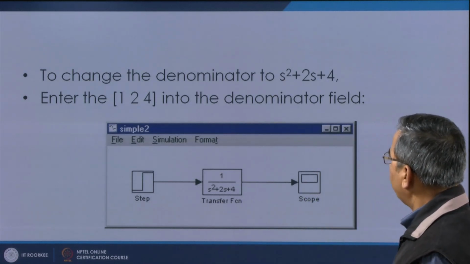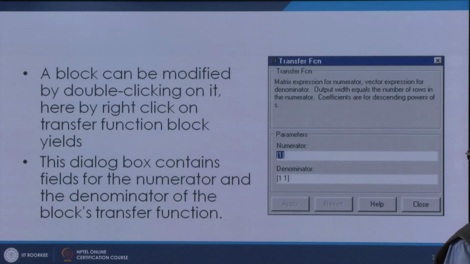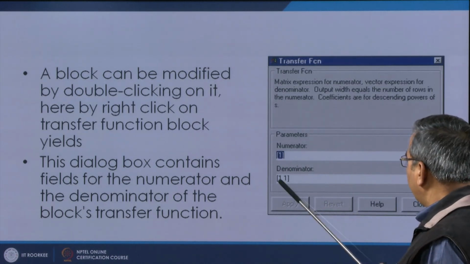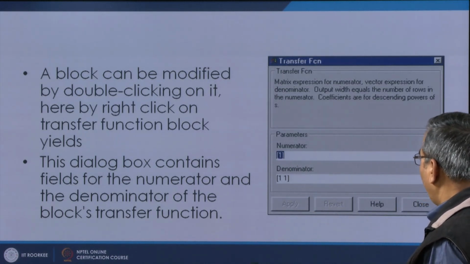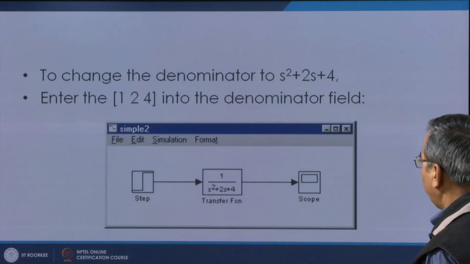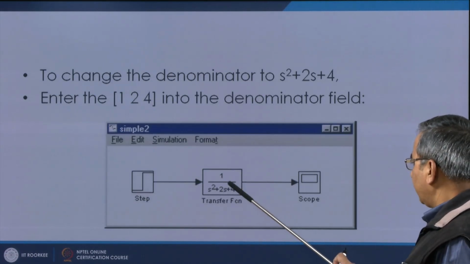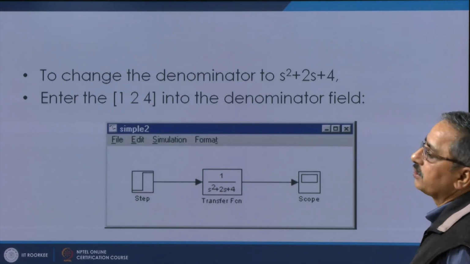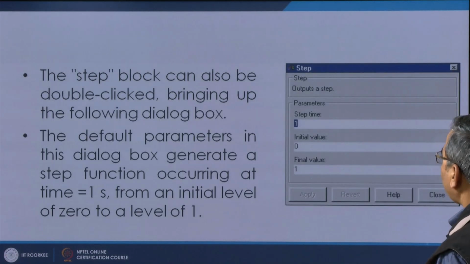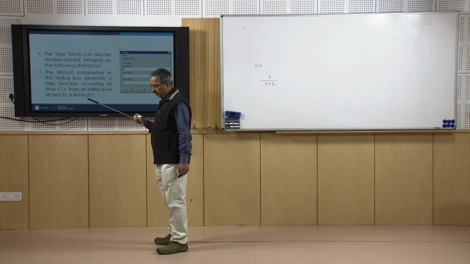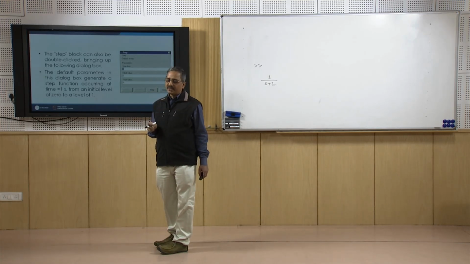If you do that, you will get the transfer function s square plus 2s plus 4. So, this was about setting the transfer function in the system block.